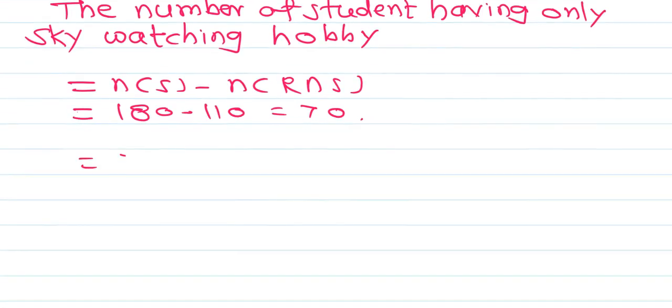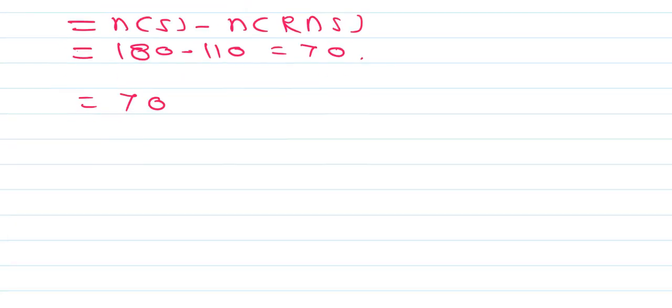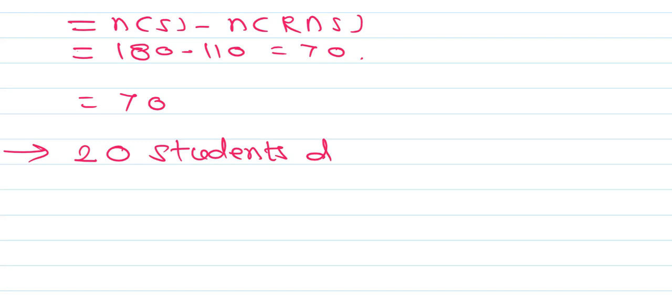That is 180 minus 110, that is equal to 70. Therefore, 20 students do not have any hobby.